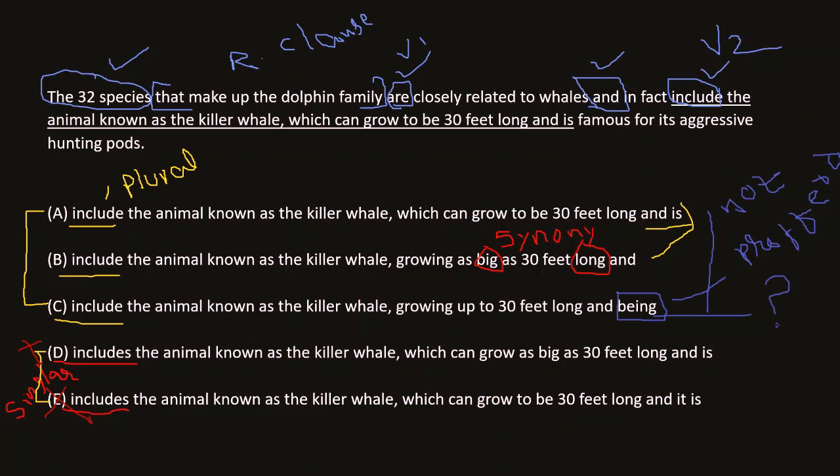Look at option B. Option B has big and long. There are two synonyms. Of course, they are not grammatically wrong, and there is nothing wrong with the meaning of the sentence, but usually we eliminate the options which have synonyms. Big and long are synonyms.